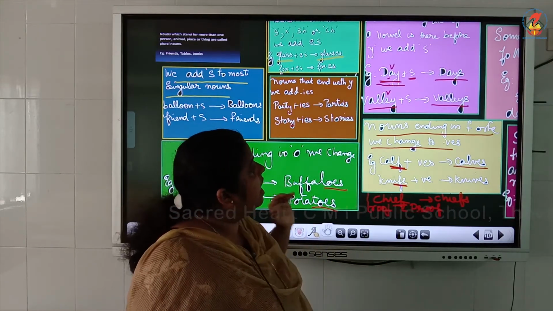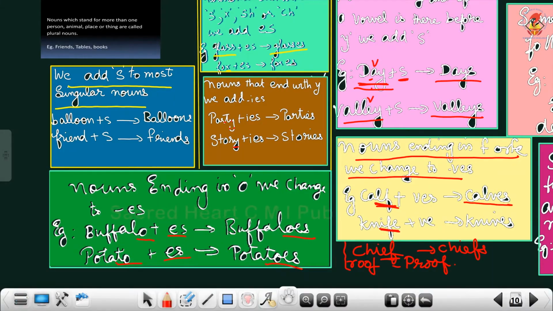Okay, then nouns that end in F or FE, in that case also, there are some exceptions. Other cases we usually cut this F and add VES. If it is calf, we write C-A-L-V-E-S. K-N-I-F-E, we change to K-N-I-V-E-S, knives.